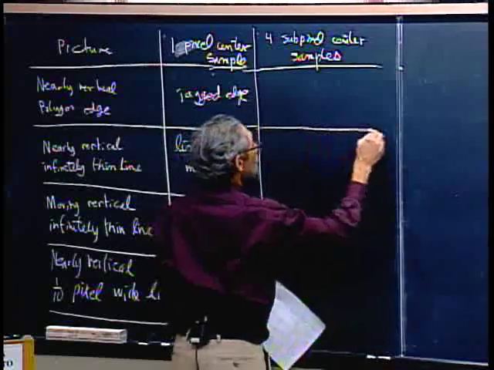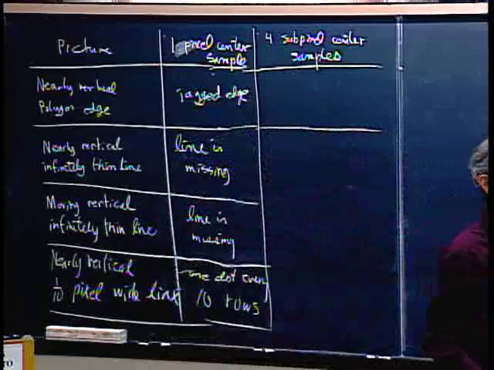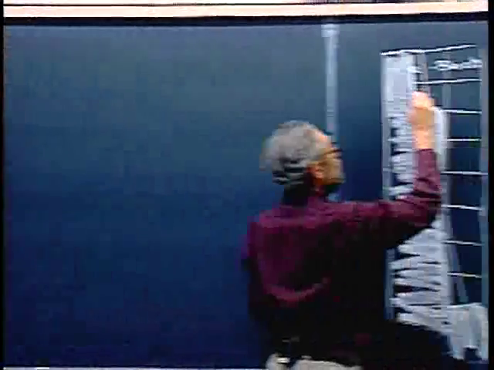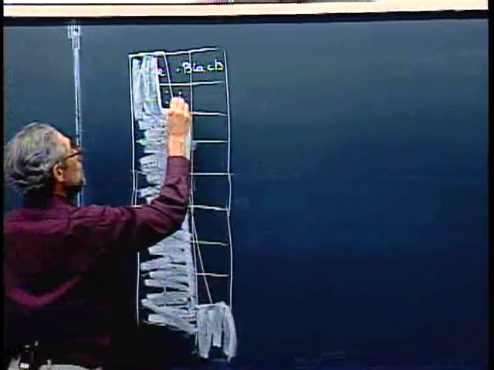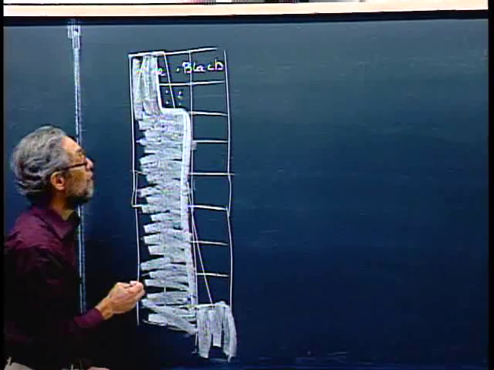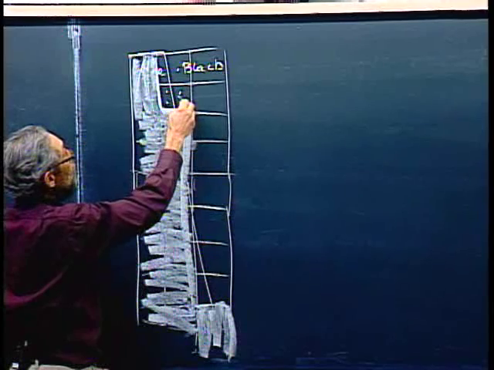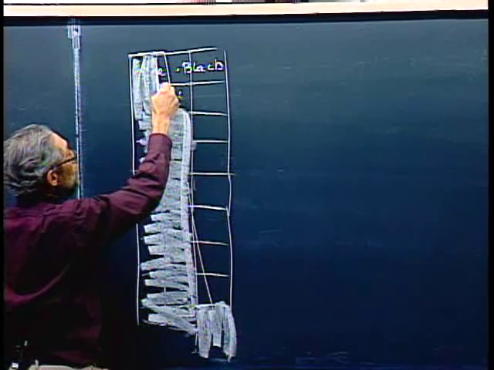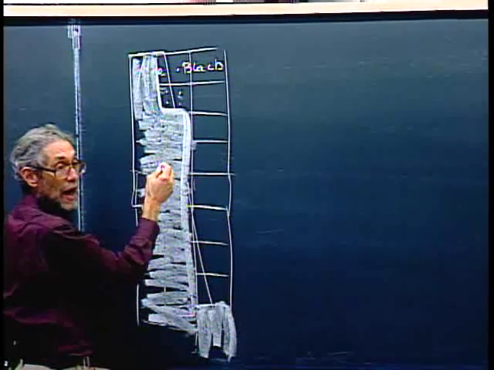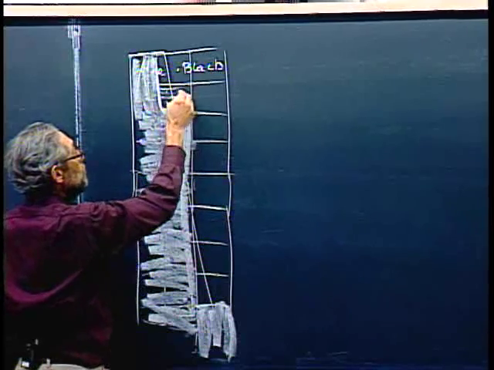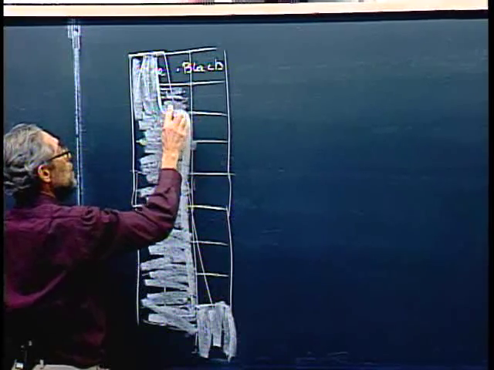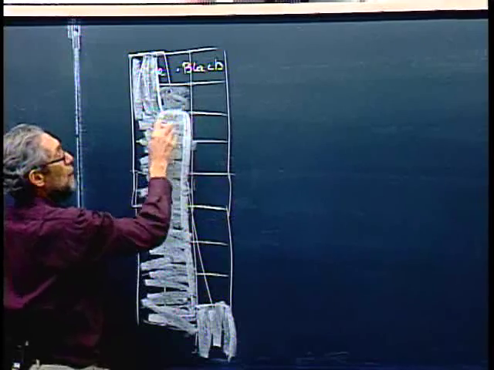Okay, so what's going to happen to this edge then if I take 4 samples here in the center of each subpixel square? In that case, for this square, 2 of them will count, and then I'll average it, and I'll get some sort of shade of gray, which is halfway between the full white and the full black.